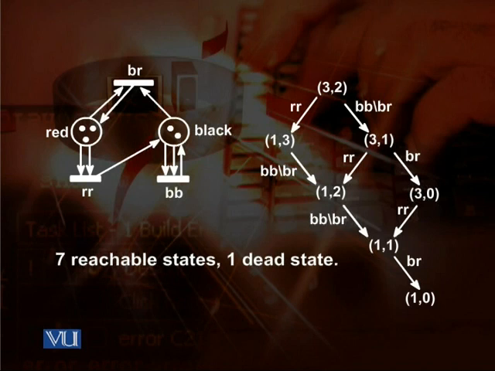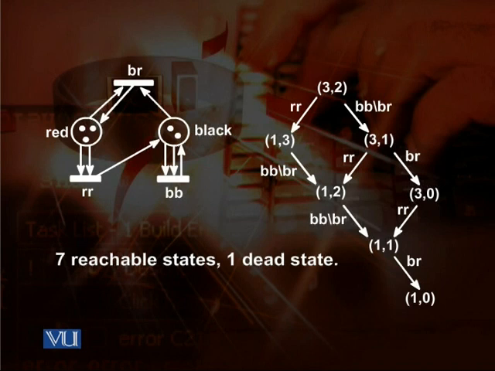So if we started with state 3-2 and fired the transition BB or BR, we will end up in state 3-1, that represents 3 tokens in the red place and 1 token in the black place. And if we fired RR from there, we will end up in the state 1-3.